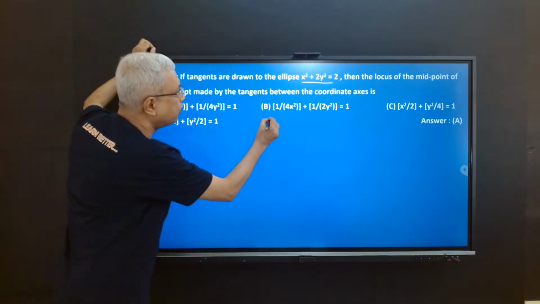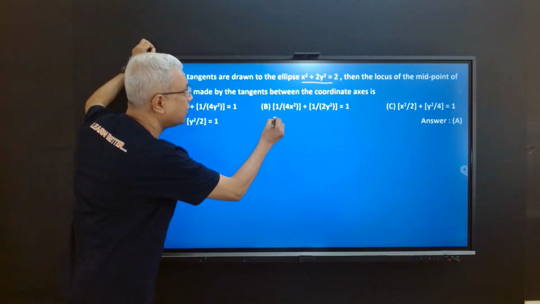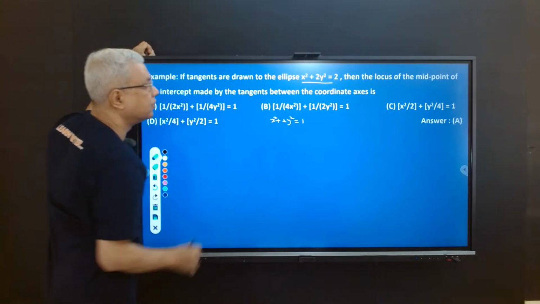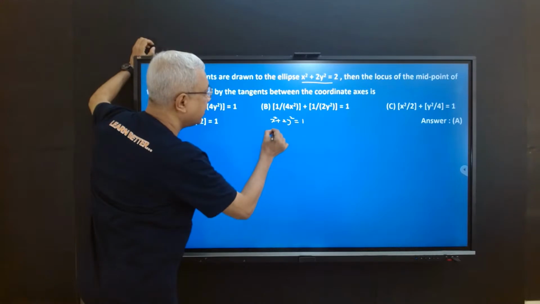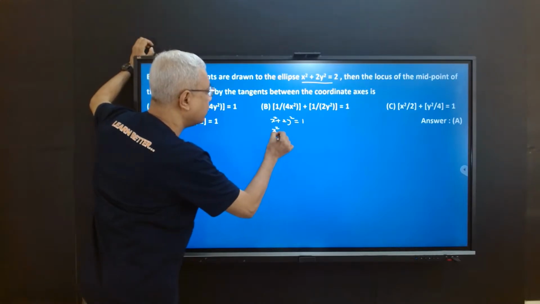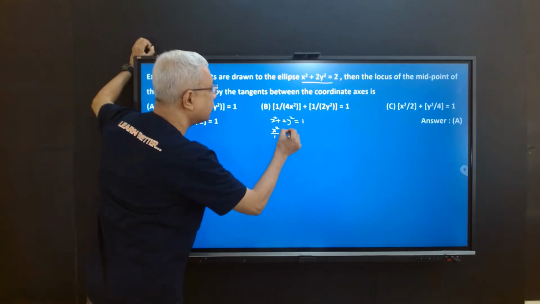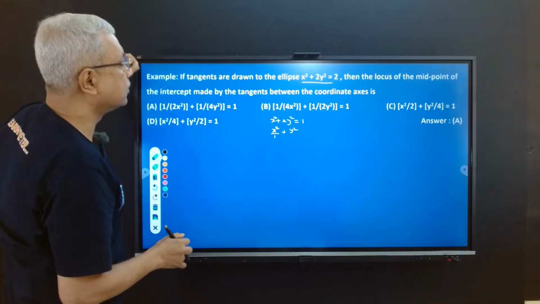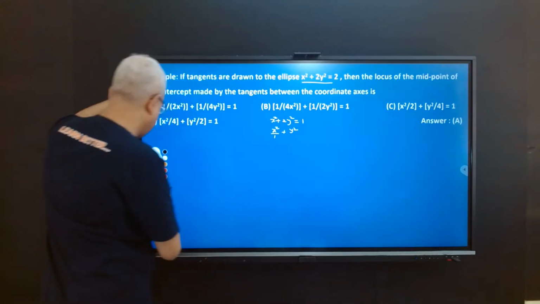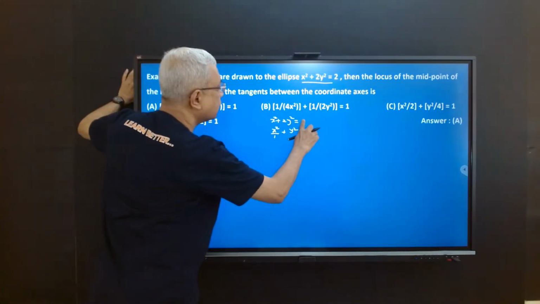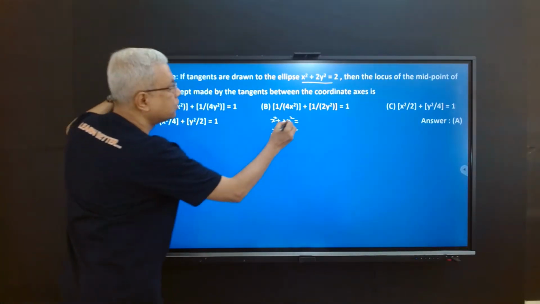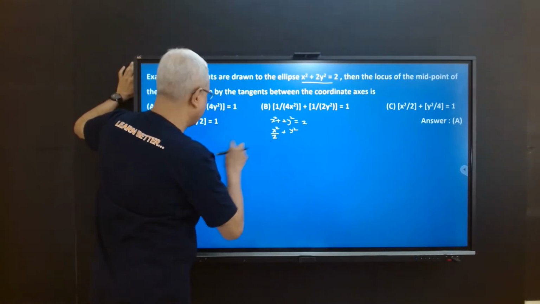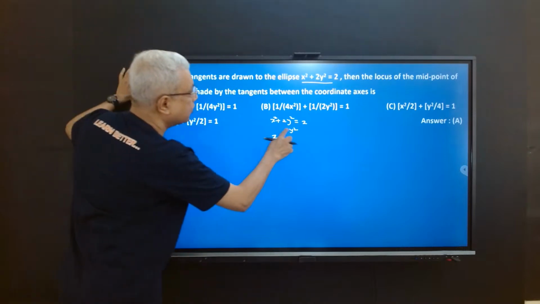So, what is the equation of the ellipse? x square plus 2y square is equal to 2. So, I can write x square by 2, let me clear it once again.